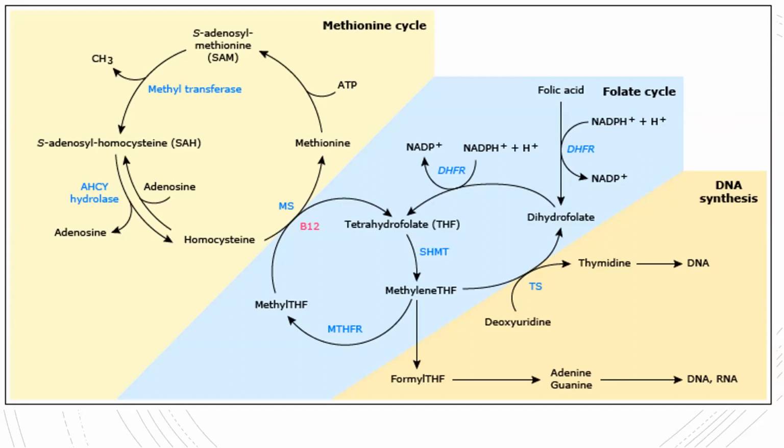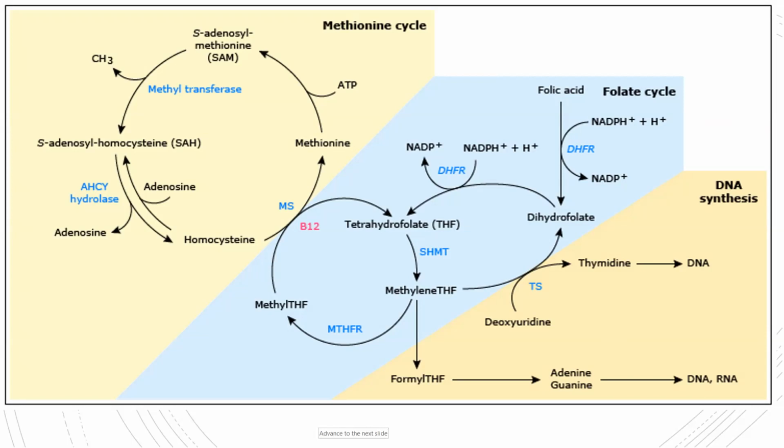If the vitamin B12 is not present, then the methyl THF cannot react and change to THF, which in turn will lead to impaired DNA synthesis. That's why there's a nuclear maturation problem in vitamin B12 deficiency.